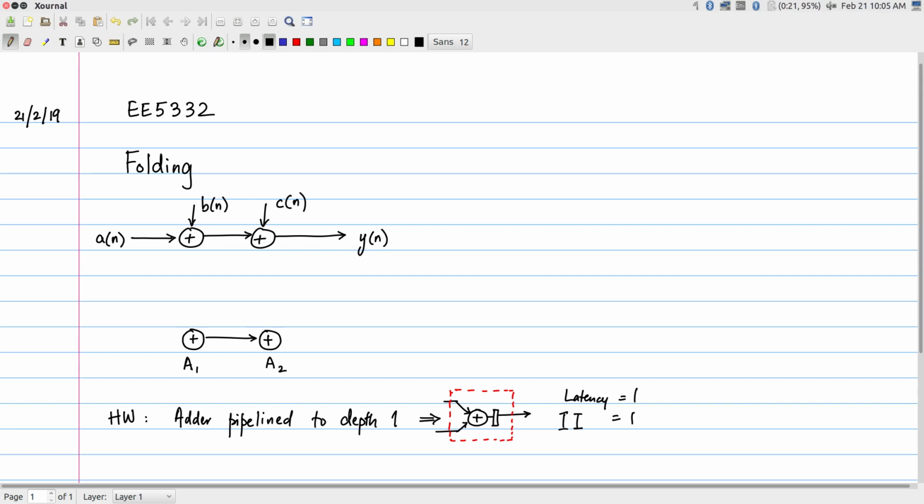Okay. So with this assumption, if I want to create an equivalent hardware representation for this, I need to first choose my folding factor N. Let's start with a folding factor of N equal to 2.